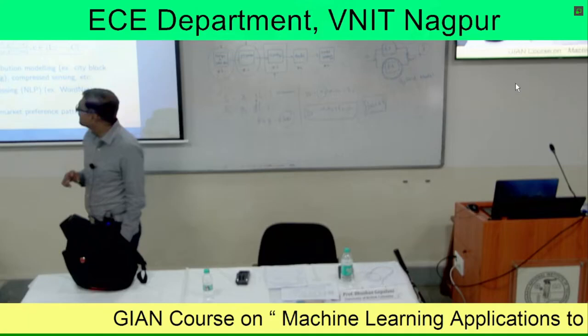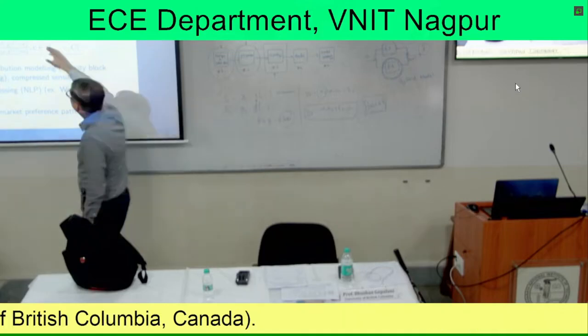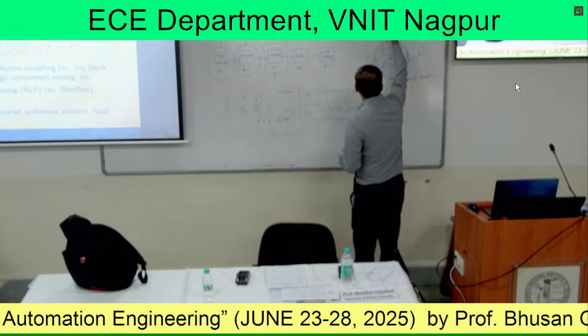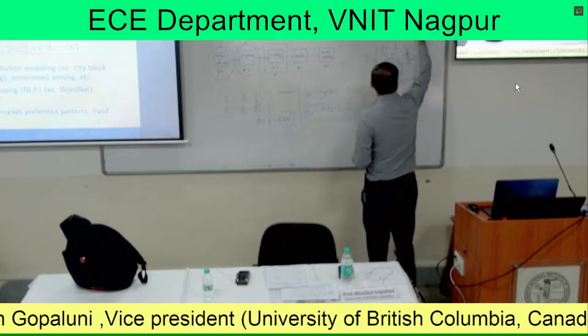But a norm is basically, a 2 norm of a vector is defined as follows. If I have a vector x1, x2, x3, then its 2 norm is square root of x1 square plus x2 square plus x3 square.